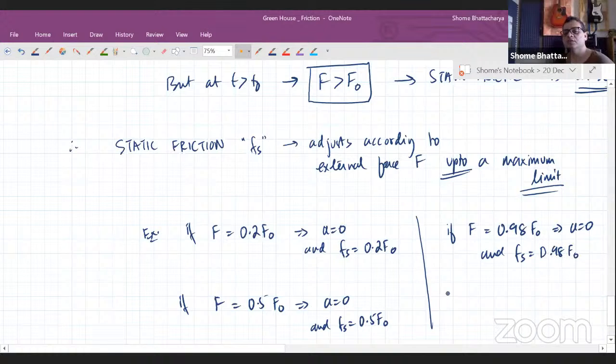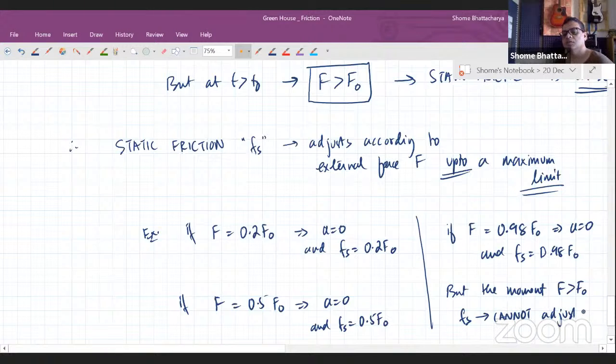But the moment F becomes greater than F naught, even slightly greater, 0.0001% greater than F naught, what happens? Static friction cannot adjust to balance F and the body starts to slip.